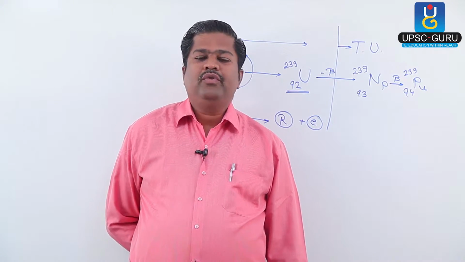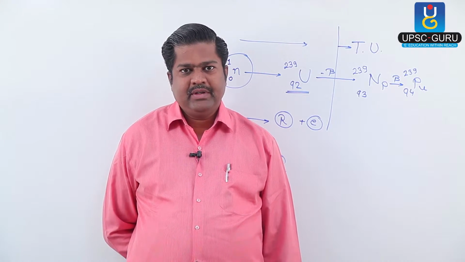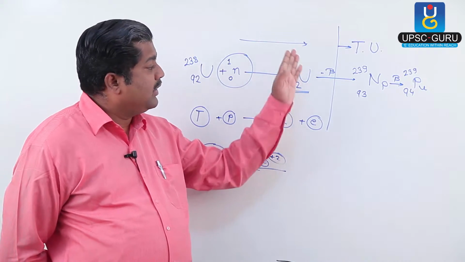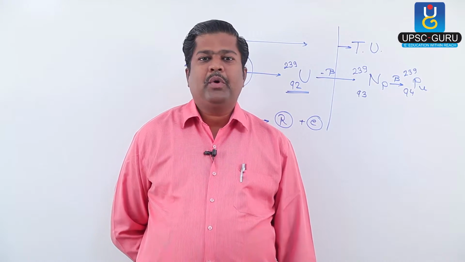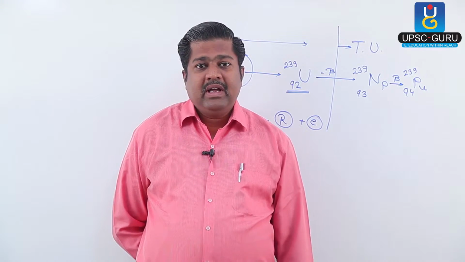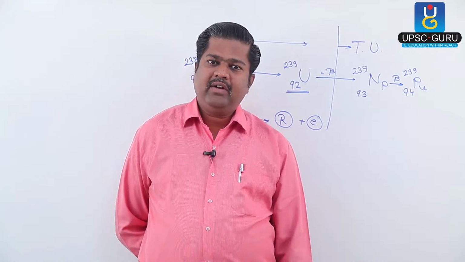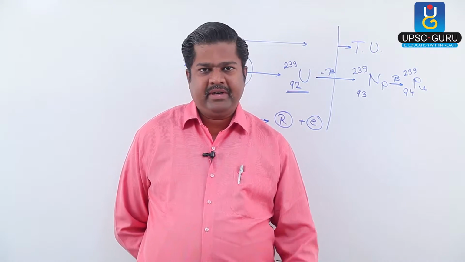By use of nuclear reactions, various new isotopes were produced. Like here we produce uranium-239, which does not exist naturally. In the same way we produce various isotopes of various elements, and even radioactive forms of early elements.